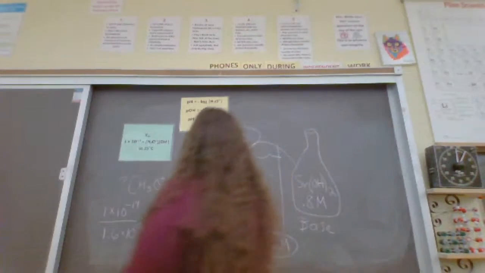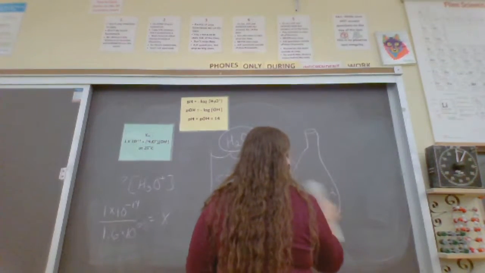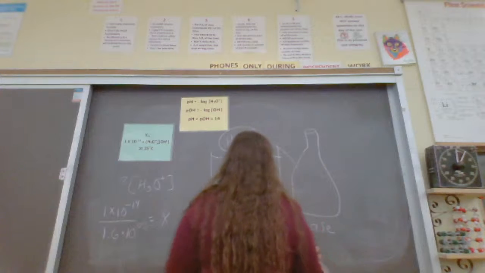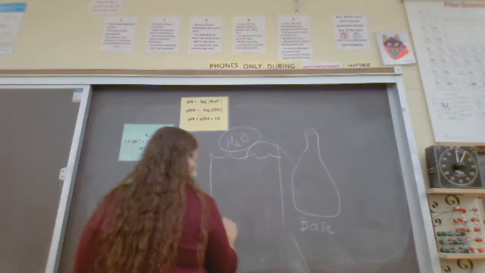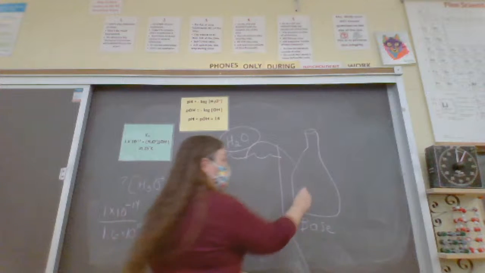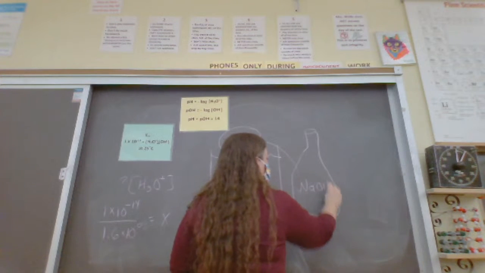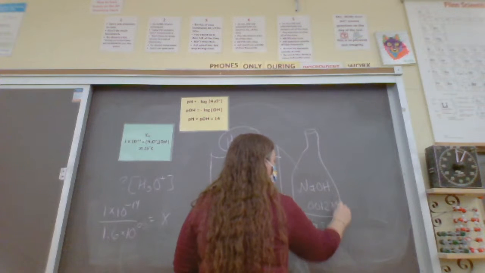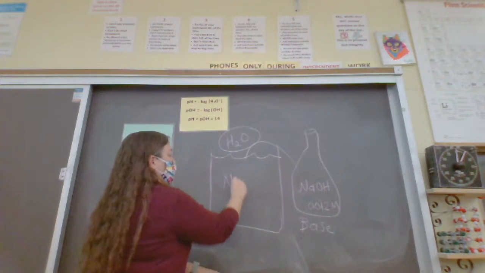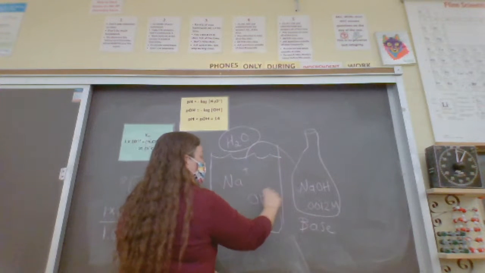Okay, so here comes back to my picture. All right. So NaOH is the base, and it has a concentration of 0.0012 molar. When I put it in water, it breaks apart.